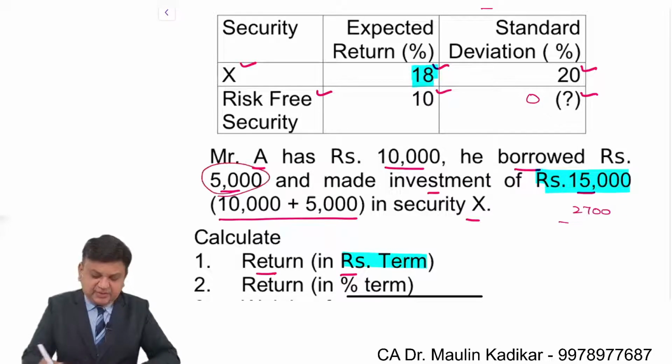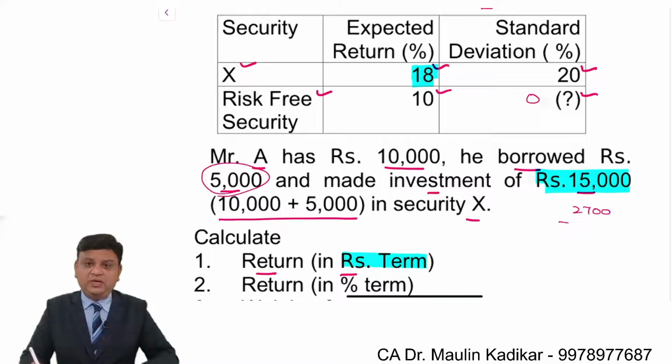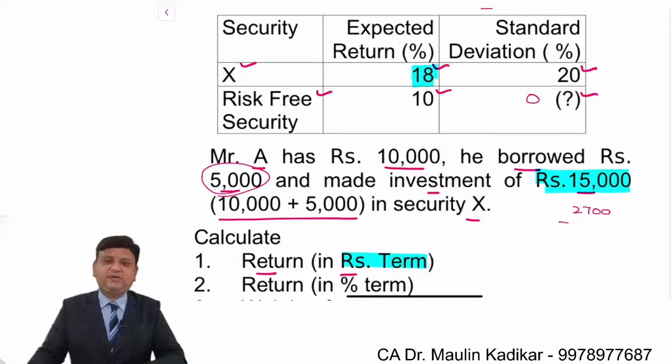Now the 5,000 rupees is borrowed. The rate of interest at which the funds have been borrowed has not been given in the question. This question is part of the Markowitz model, wherein an assumption is made that the borrowing will be at the risk-free rate of interest.